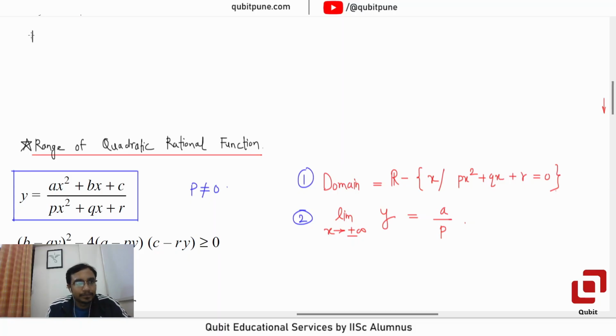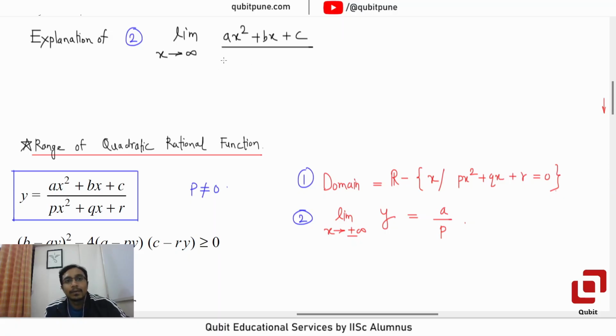Explanation of 2. Suppose the limit is to be evaluated. Now I'll explain the positive infinity case. The negative infinity case can also be similarly explained. Just like 0 by 0 is an indeterminate form, infinity by infinity is also an indeterminate form.